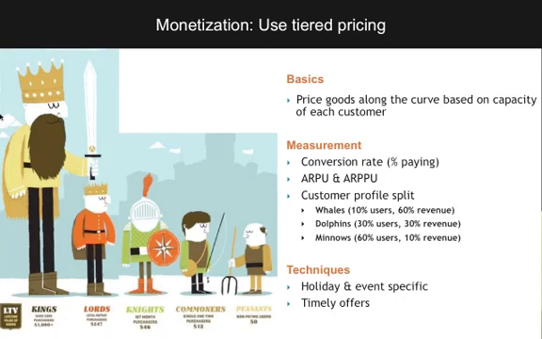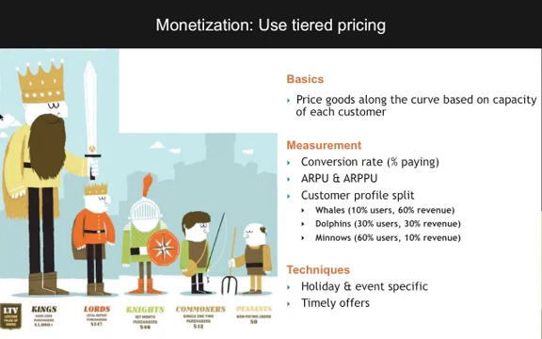You can call them whatever you want, but the basic concept is that a very tiny fraction of your paying users, generally 10%, account for 60% of your revenue. Now that's huge. You're talking about a handful of customers, a few hundreds, a few thousands, depending on your total number of customers, who account for most of your revenue.